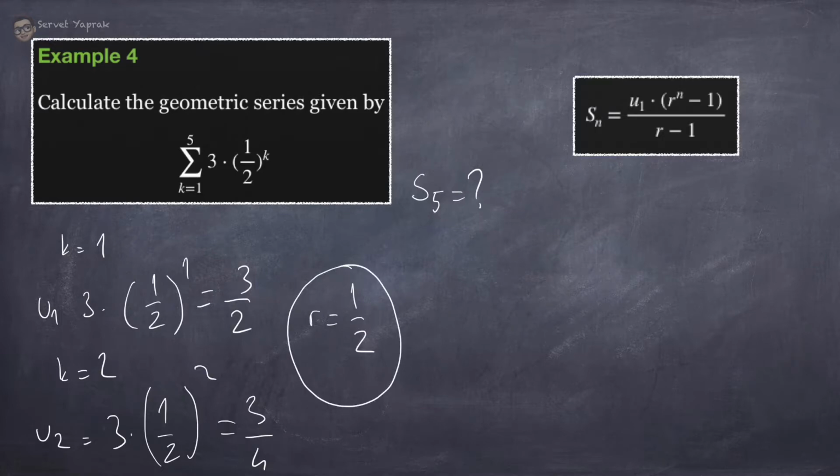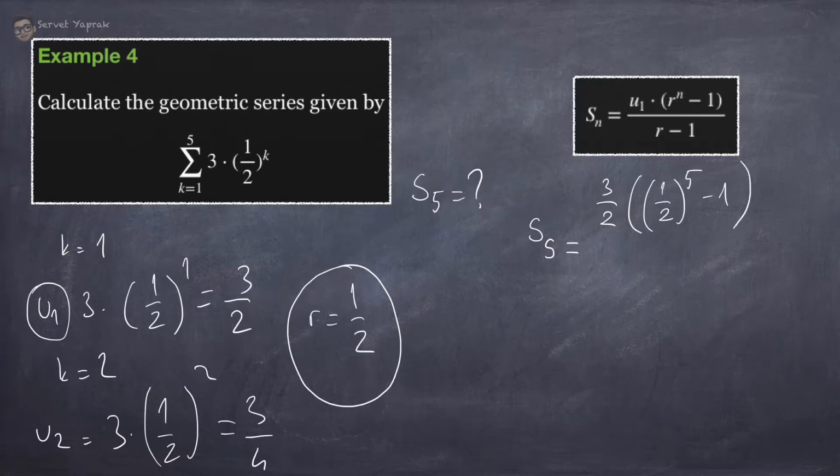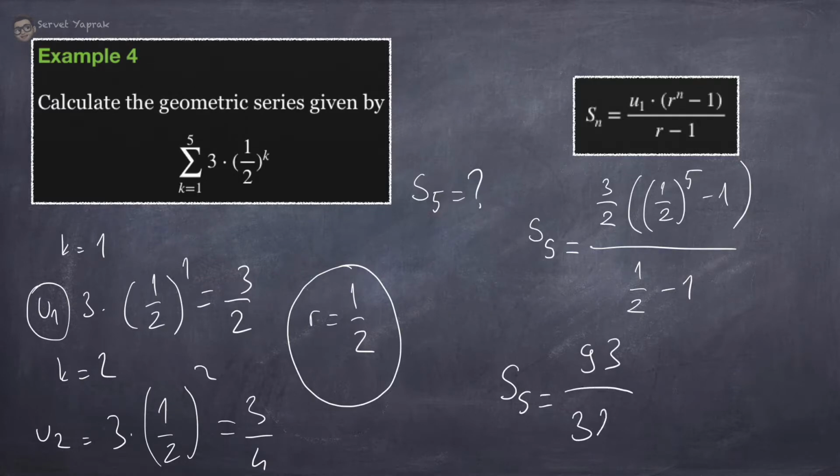So we know the common ratio and we know the first term u1. Now we can use the sum formula. S5 equals 3 over 2, our first term, times 1 over 2 to the power of 5 minus 1, over 1 over 2 minus 1. If we do the calculation, it becomes 93 over 32.